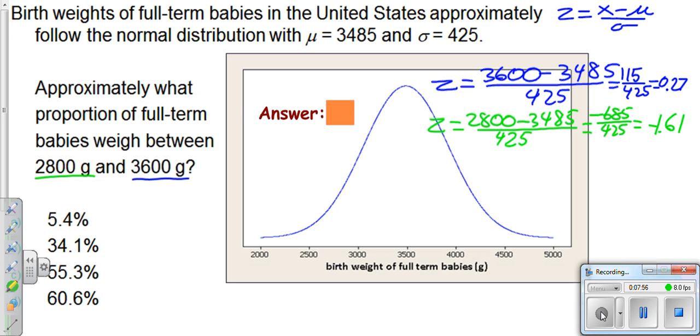Now we need to go to our table in the back of our book. And by the way, when you get to a quiz, you'll be given a copy of this table, so don't be concerned about that. And I need to find the z-score for each one of those.